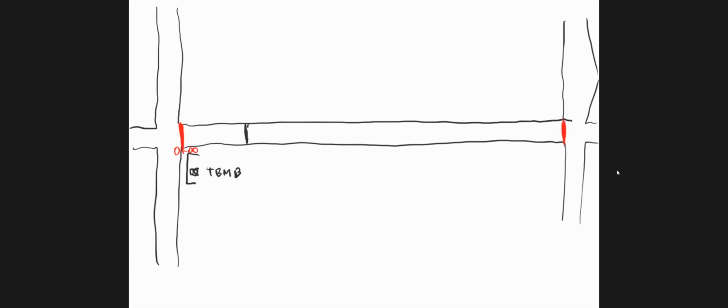Here's the east tower. Excuse me, west tower. Here's the east tower. So here is bike path west, as it's described in the lab manual.